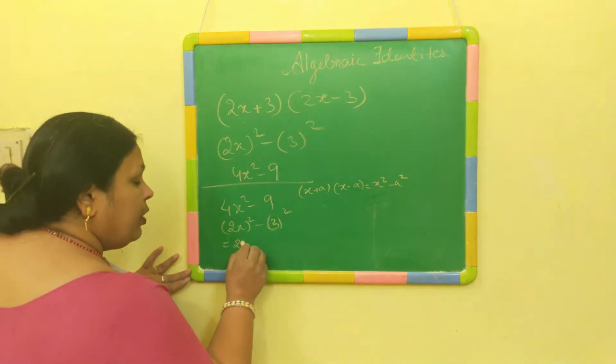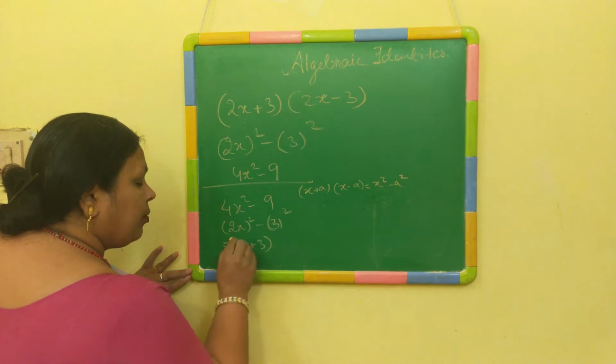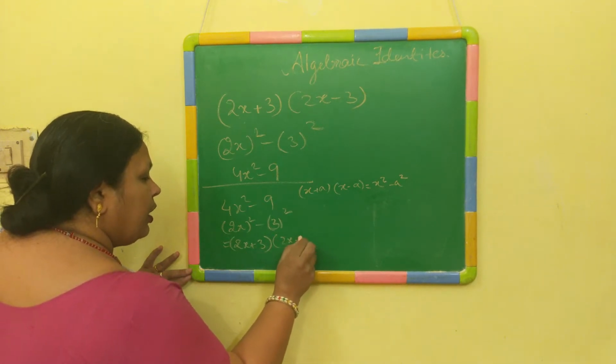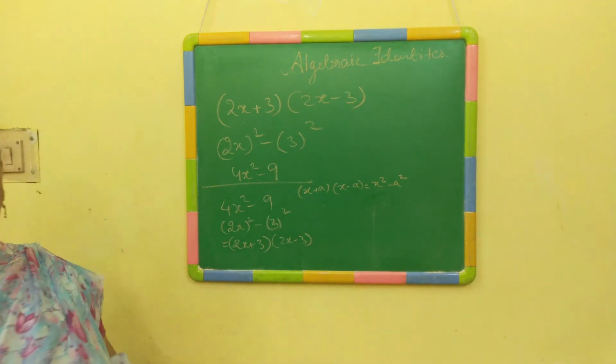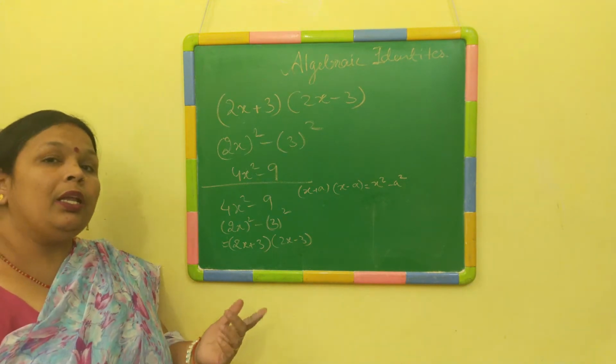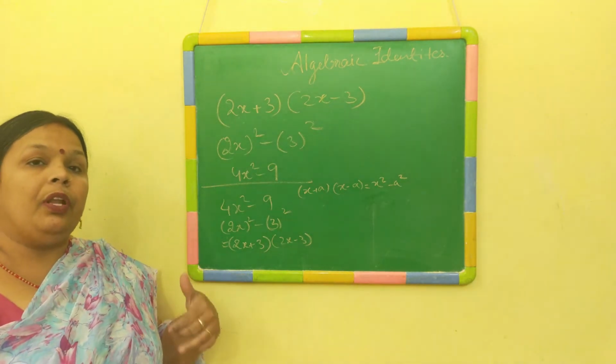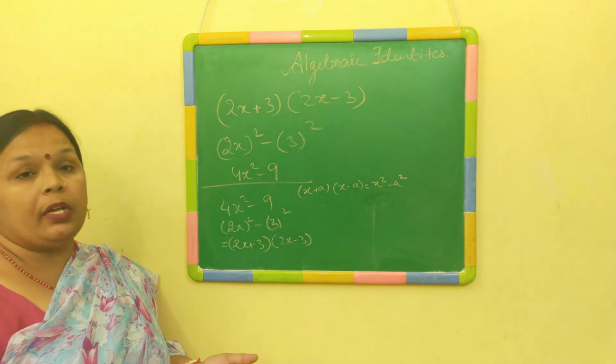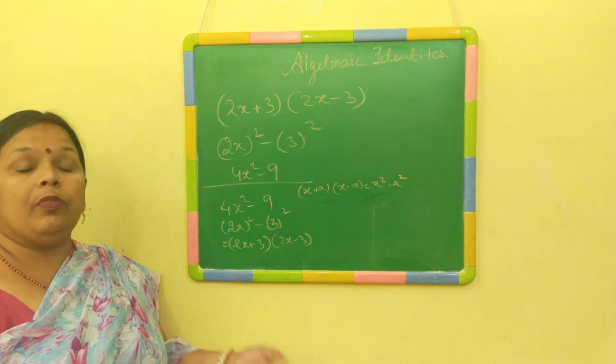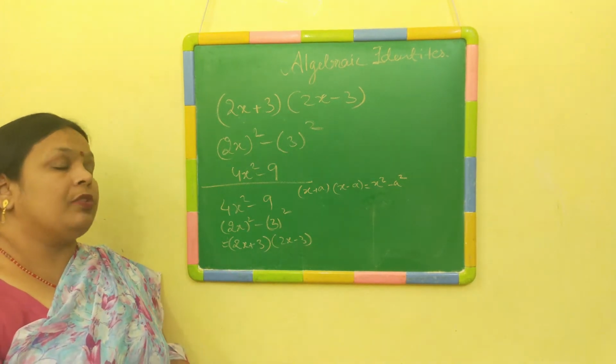So it will become (2x plus 3) and (2x minus 3). All the identities are LHS equals RHS. If LHS is given, we can express it as RHS, and if RHS is given, we can express it as LHS.